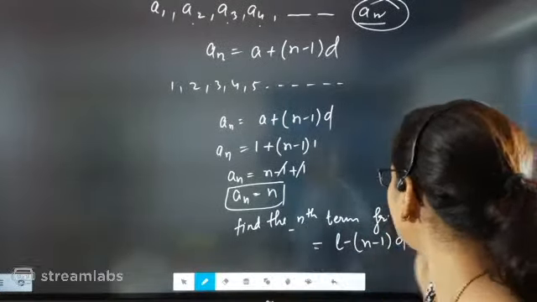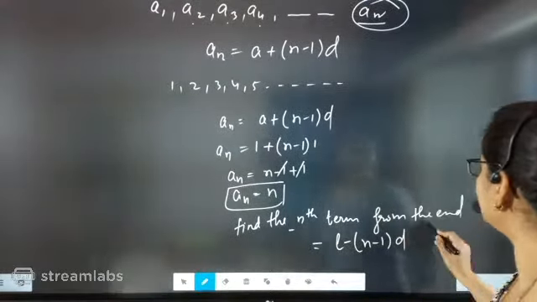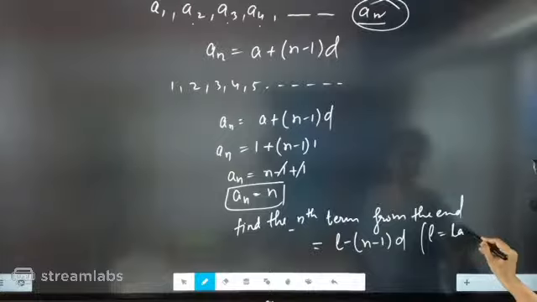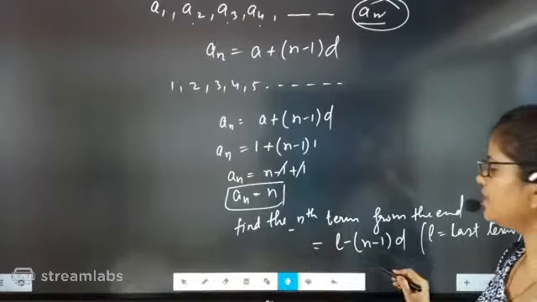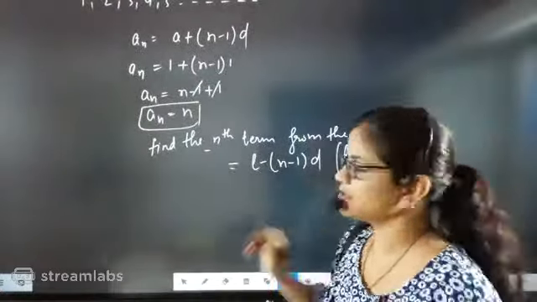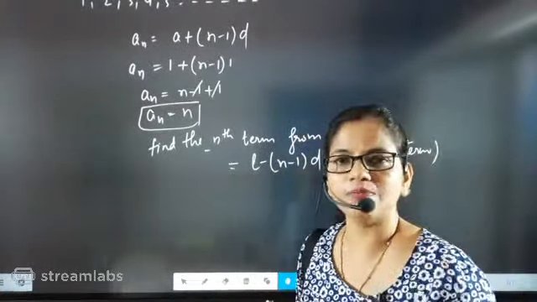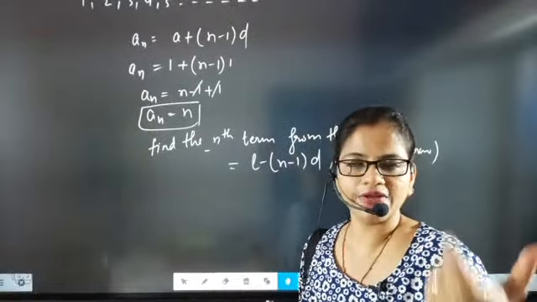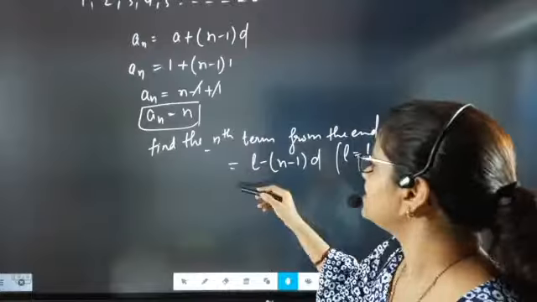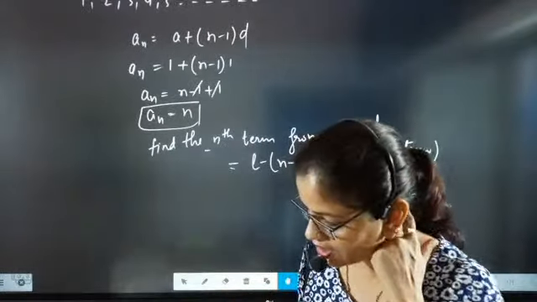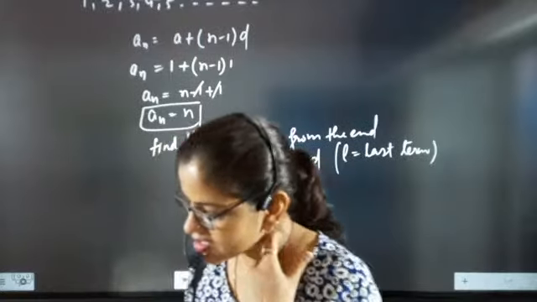Nth term from the end is L minus n minus 1 into d. What is L? L is exactly the last term, that is, the last number. If we have that with us, then to find the nth term from the end, we use L minus n minus 1 into d.